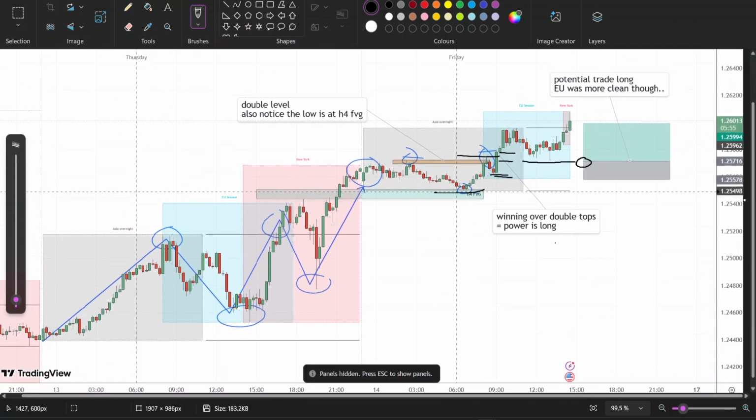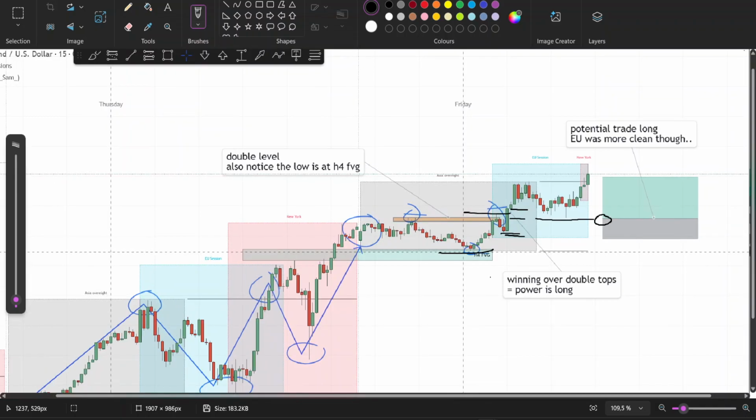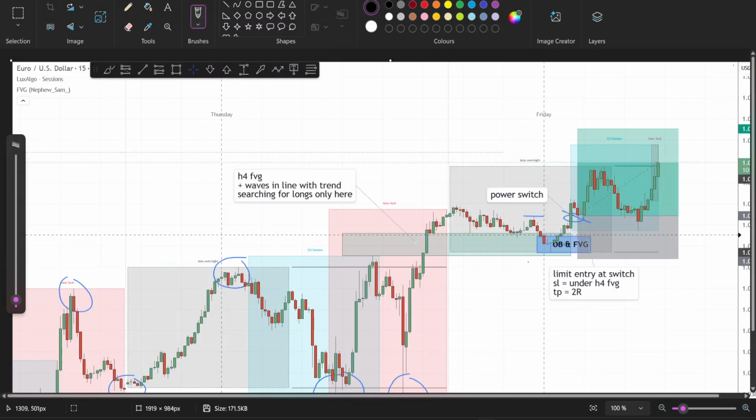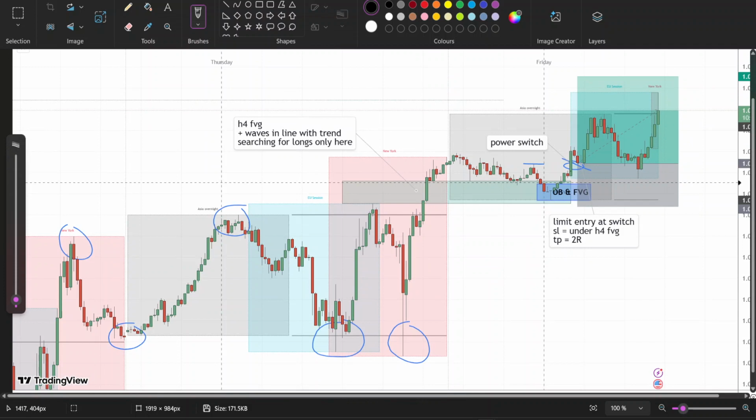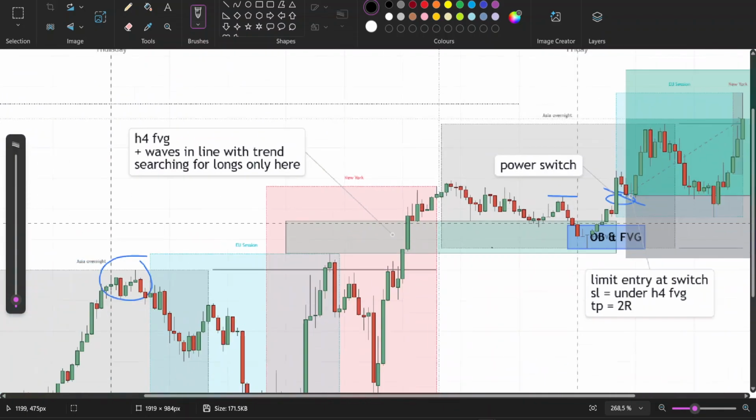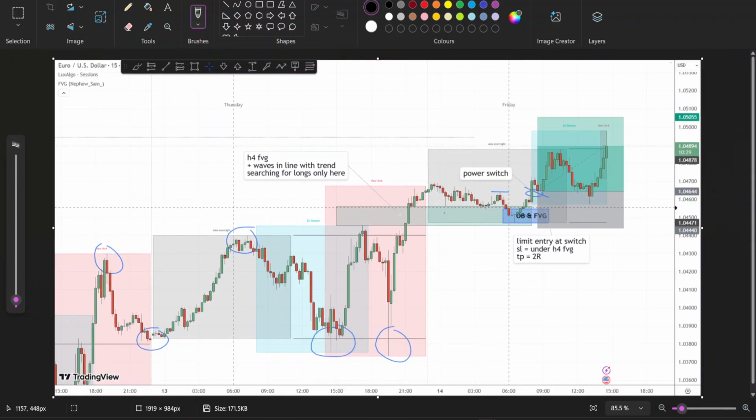And yeah, some ideas on the EU trade I did take though. So closing this, save, and we have the EU. Similar situation, but the EU closed even stronger up. And notice, I entered here, OB, and so first of all, I know H4 is up.